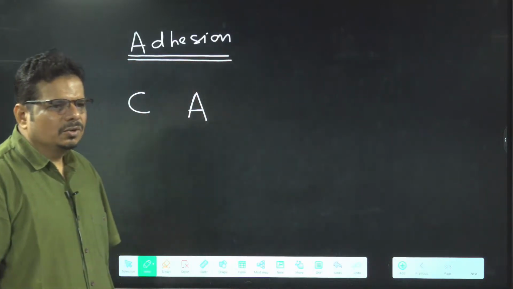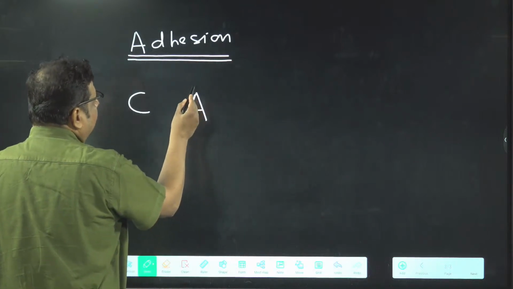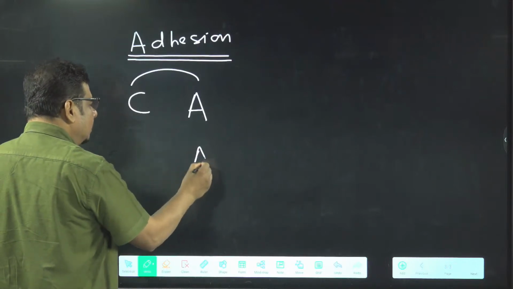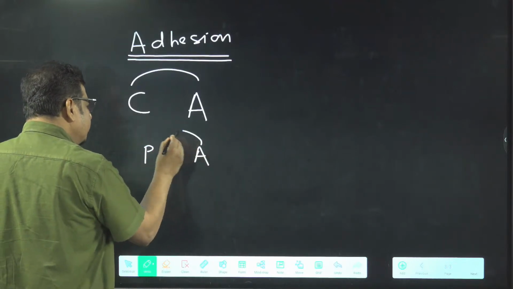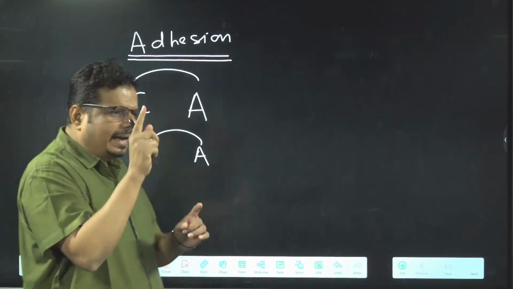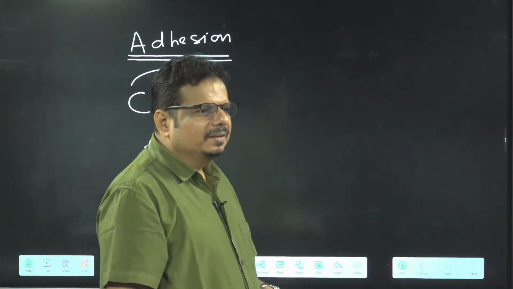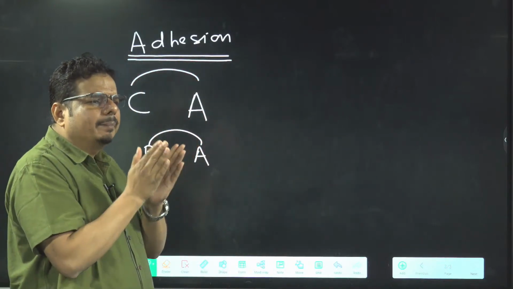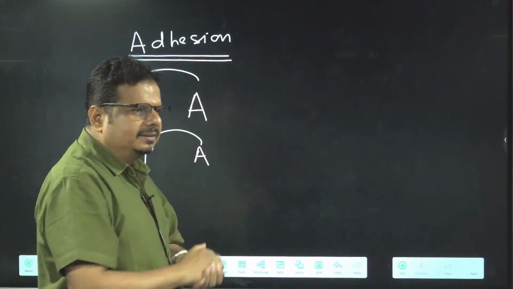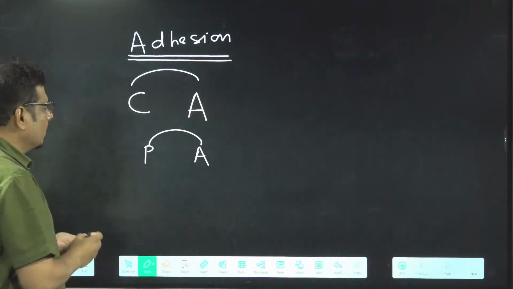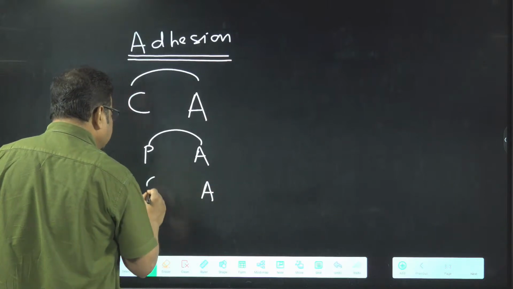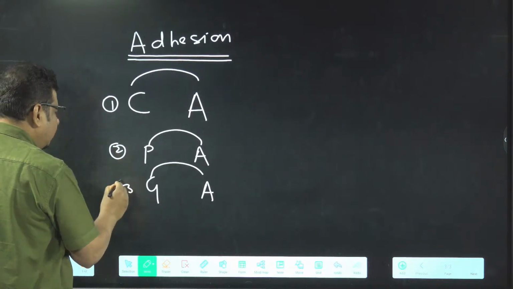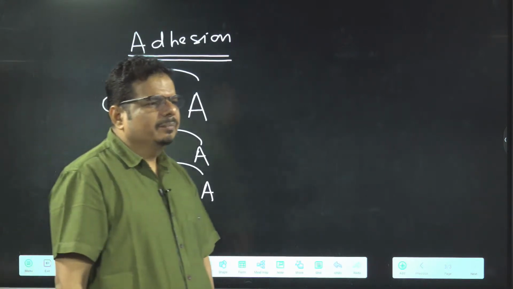G. So possibility number one, A fuse with C. Possibility number two, A fuse with P. P means perianth, when calyx and corolla fuse together. It is possible, calyx and corolla fuse together forming a perianth and a stamen fuse with that. Is it clear or not? Another possibility is what? A fuse with G. So first, second given in NCERT, third is not given in NCERT. But we will deal with it.